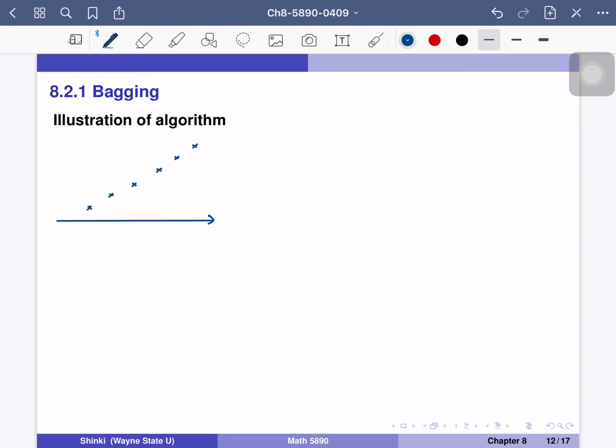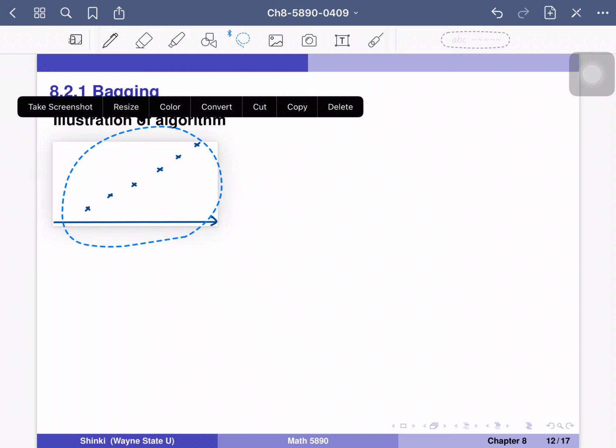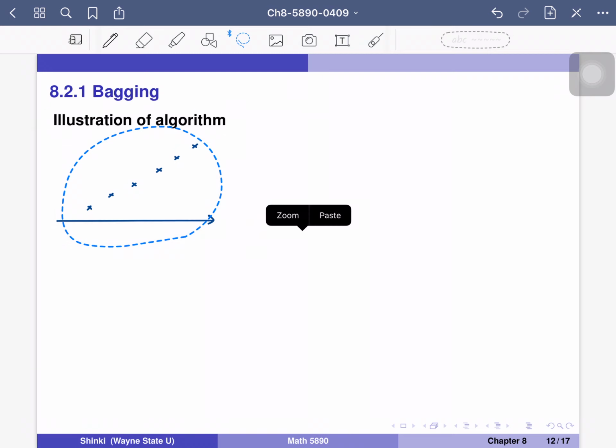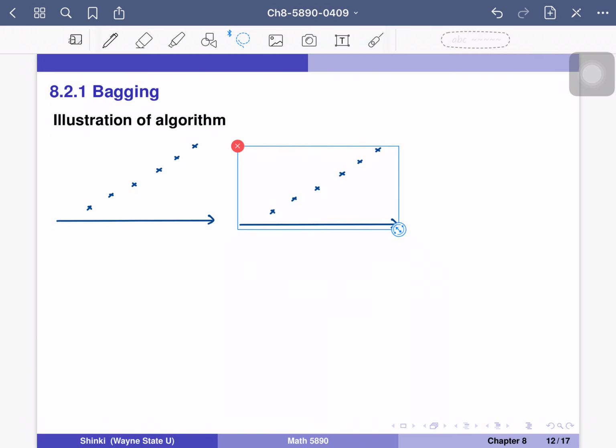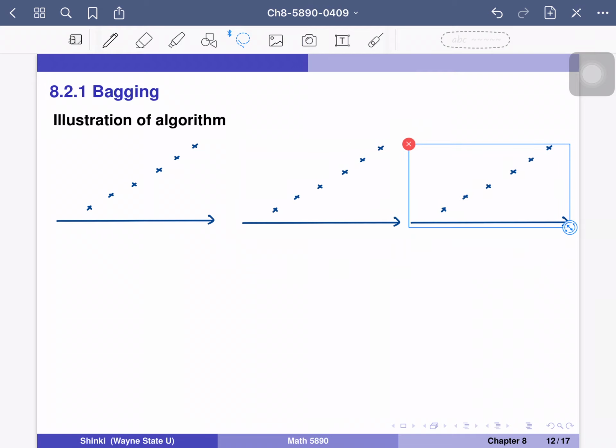For example, these observations. If a straight line, it's good, but otherwise it's not really good. With a tree-based method, we have only some splits. So suppose for simplicity we get just one split.